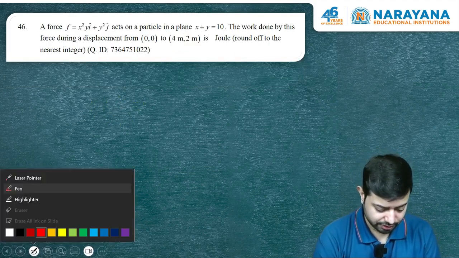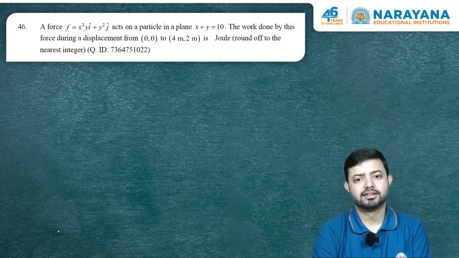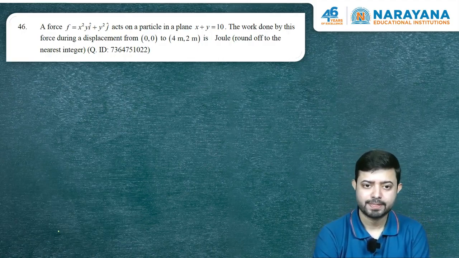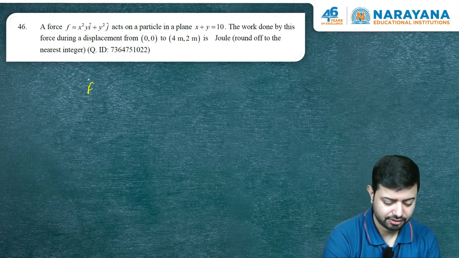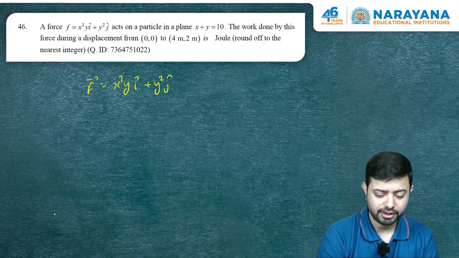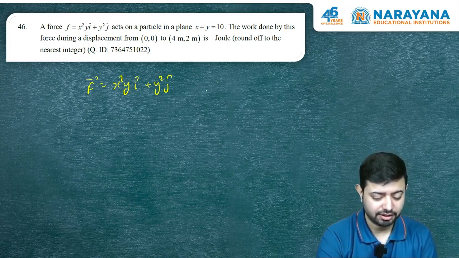Next question, you have been given this force. This is something I will put into the bonus, okay, because here the problem is the force that they have given is vectorially x square y i cap plus y square j cap. It acts on a particle in a plane. Where is the particle? It is in a plane whose equation is x plus y equal to 10.